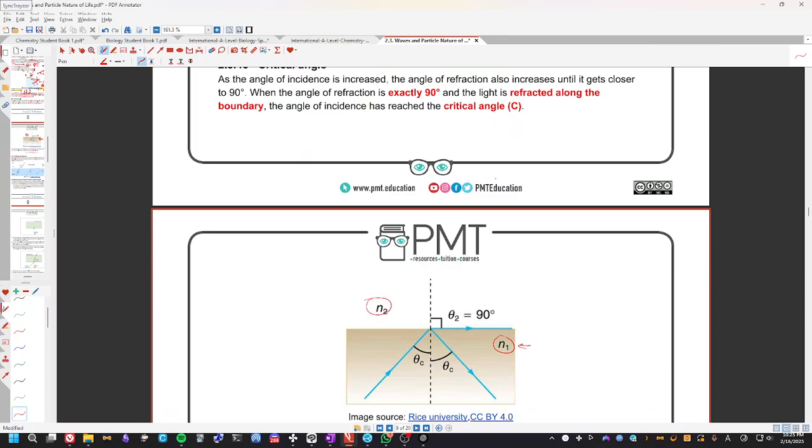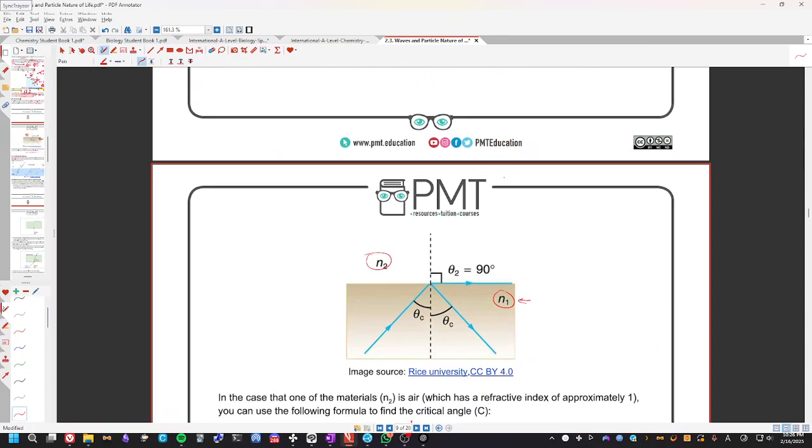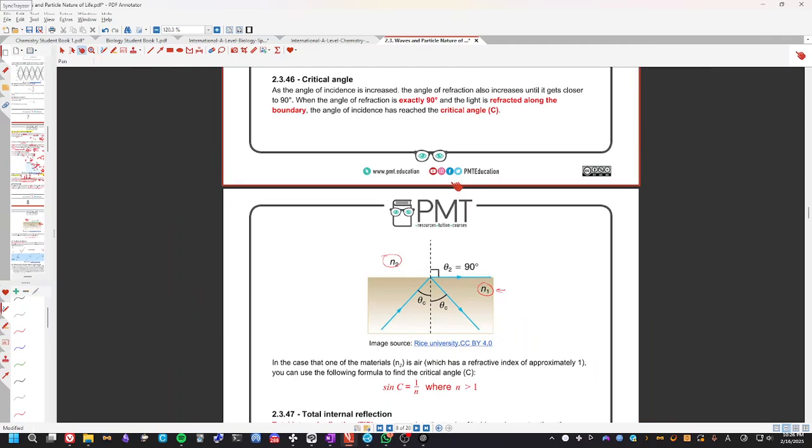Over here, it says the angle of incidence increases, so we're increasing the angle of incidence here, and this will increase further. If it's going like this, then what will happen to your angle of refraction?